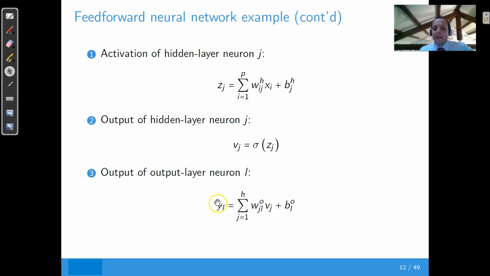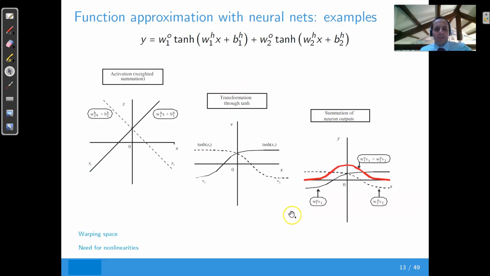It means that the output of the neural network is simply the summation of the inputs to the output neuron, multiplied by the weights, plus a bias B.